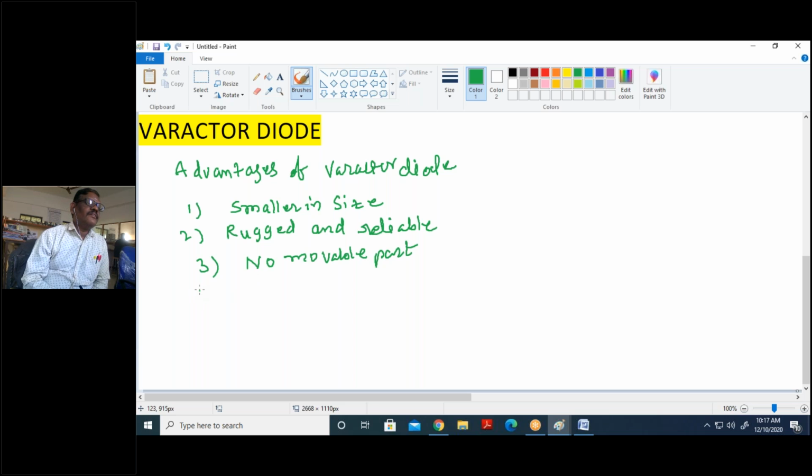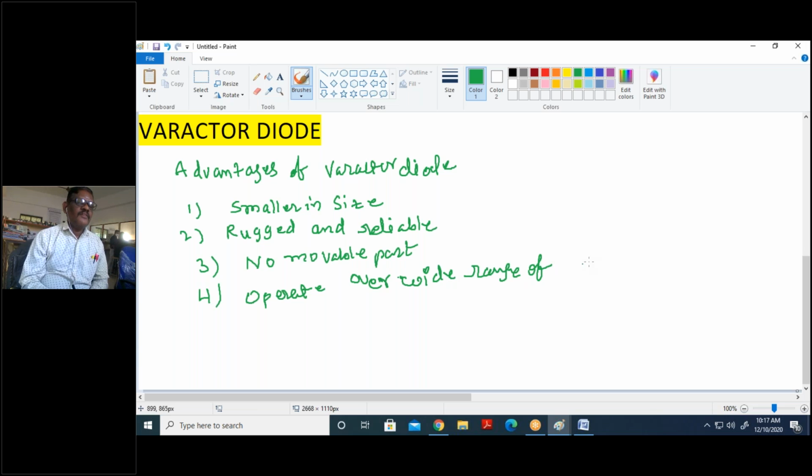And fourth one, operate over a wide range of frequencies.